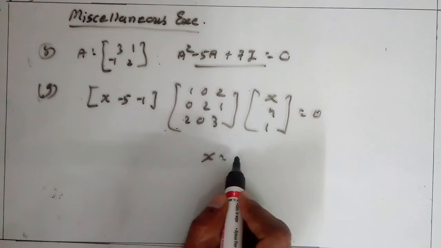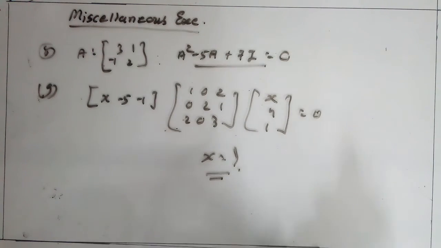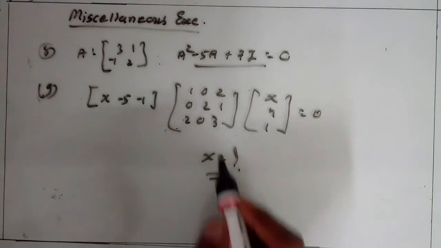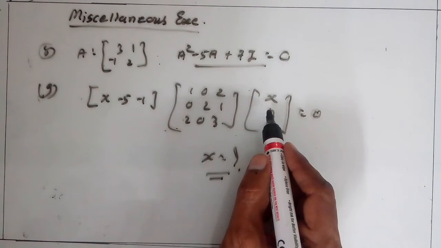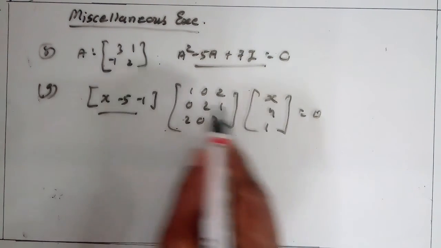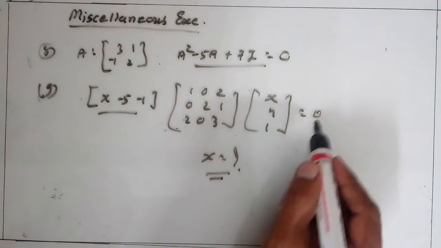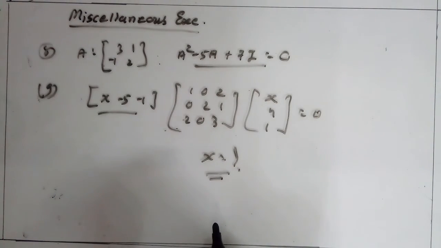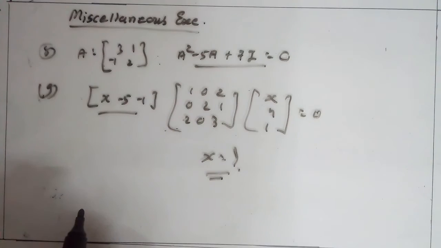Find x. You know how to find x. Take the matrix multiplication of these two matrices, then the matrix multiplication of the first and the resulting matrix, compare with 0, and we get the value of x. Question number 10 is given. Just try to solve this yourself.